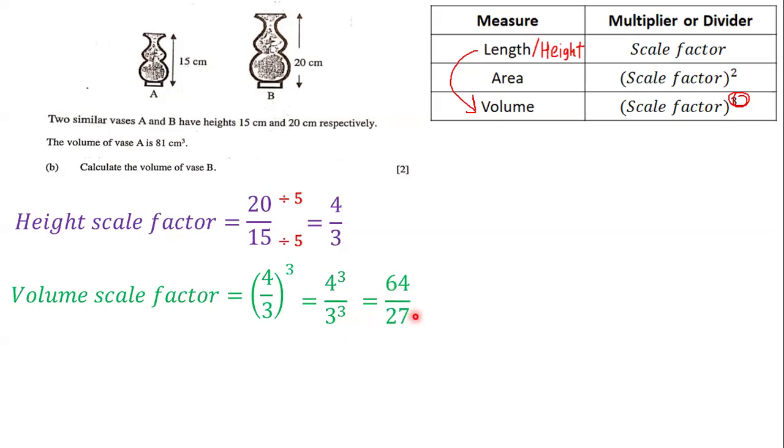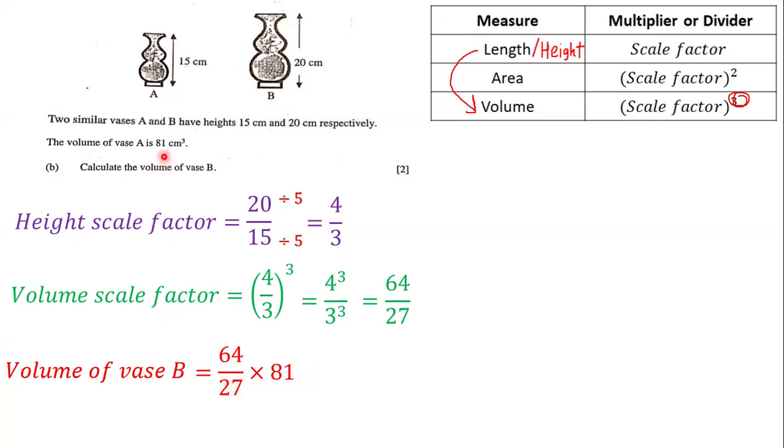And so we know the volume scale factor, but they want us to figure out the volume of vase B. All we need to do is take the volume scale factor, which is 64 over 27, and multiply it by 81.